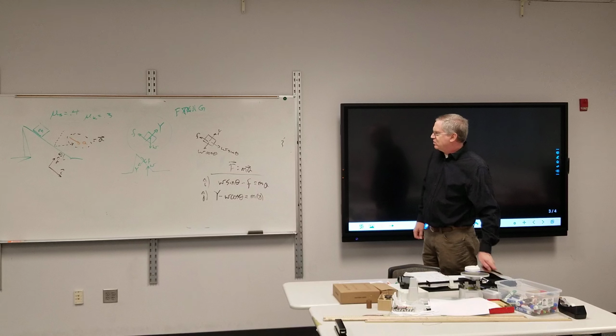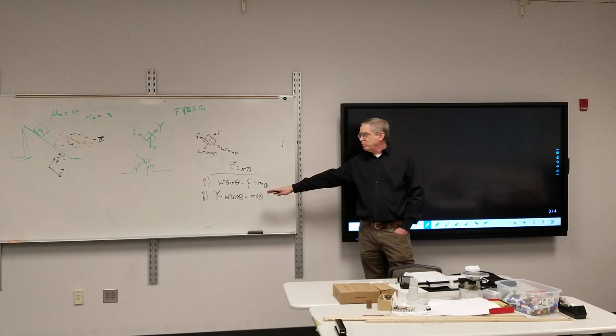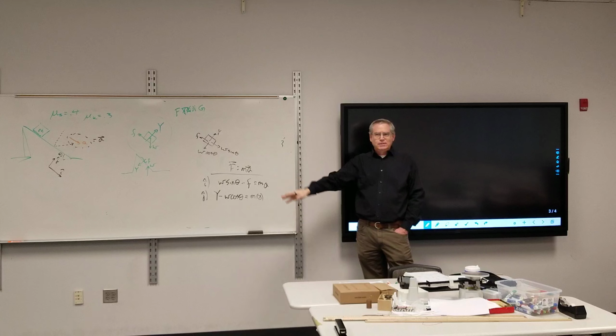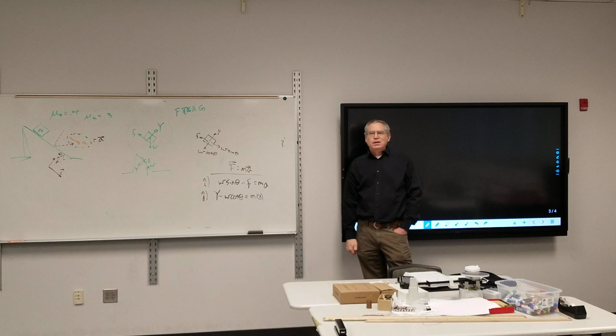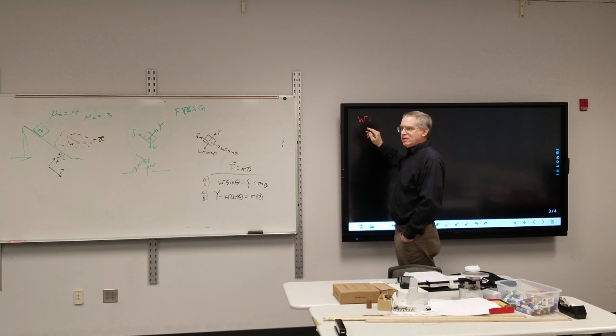All right, so for what do we have an independent equation? And when I say independent, I mean an equation that we can do a substitution for that has nothing to do with this problem. It's always going to be true. Weight. Yes, we have a formula for weight. What is the formula for weight?